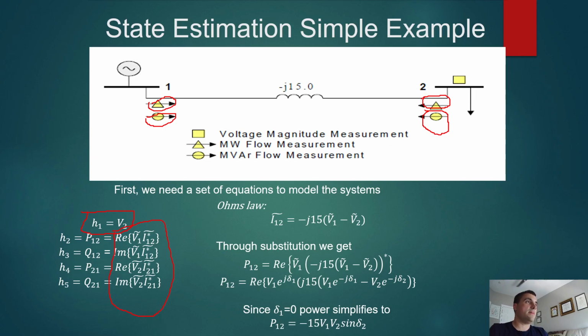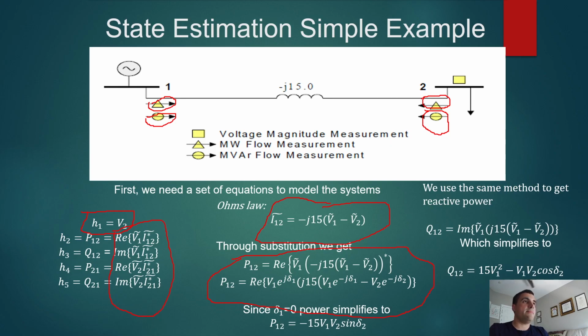Just by using Ohm's law, we can get the current. We don't need to measure it directly, just by taking the difference between the two voltage phasors and multiplying by the impedance on the line. Through substitution, we get power 1,2, and then we take the real component of it to get the real power on the first line, and then the imaginary power on bus 1.